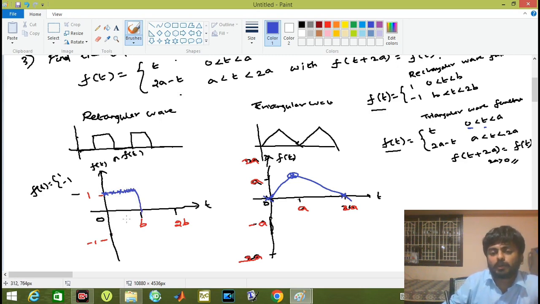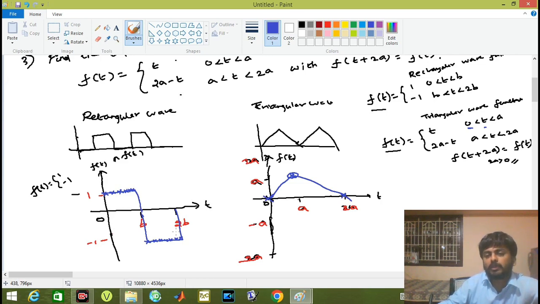From b to 2b, the values will take minus 1, so you will have this rectangle. So this is a rectangle function and this is a triangle function.